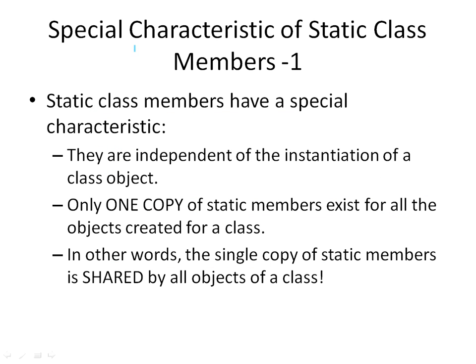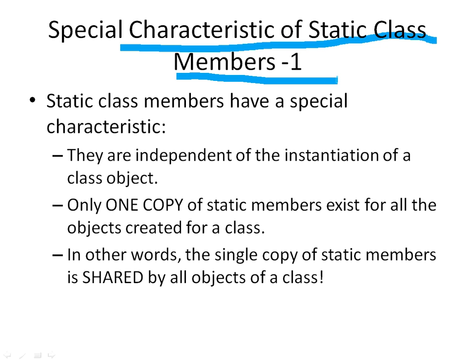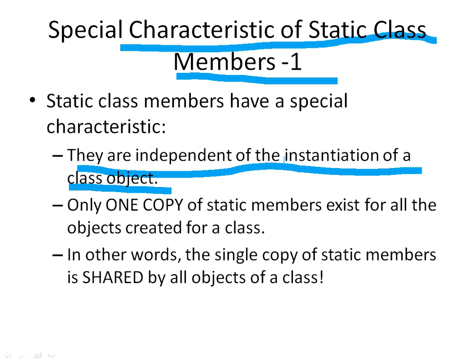There are special characteristics attached to static class members. They are independent of instantiation of a class object, which means I do not have to create an instance of a class in order to create the static members of that class.